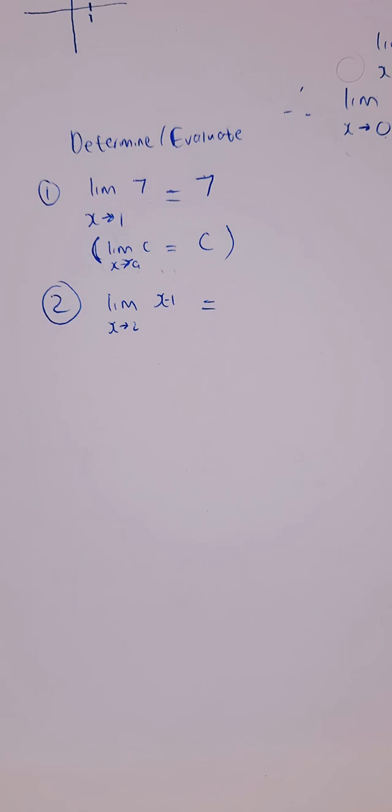That's why we said the limit of 7 as x approaches 1 is 7. X minus 1 is not a constant. Be very careful, Zigisa. What is the limit of x minus 1 as x tends towards 2?